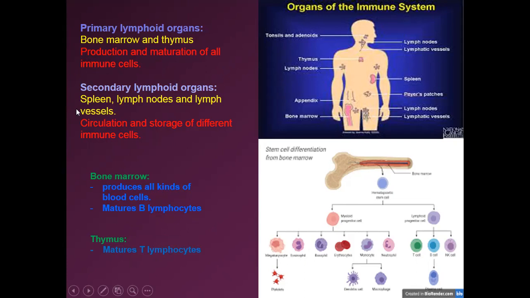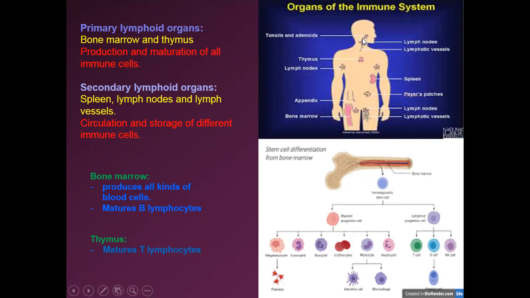The secondary lymphoid organs, such as the spleen, lymph nodes, which are distributed here and there, and lymph vessels, have as their function the circulation and storage of different immune cells.